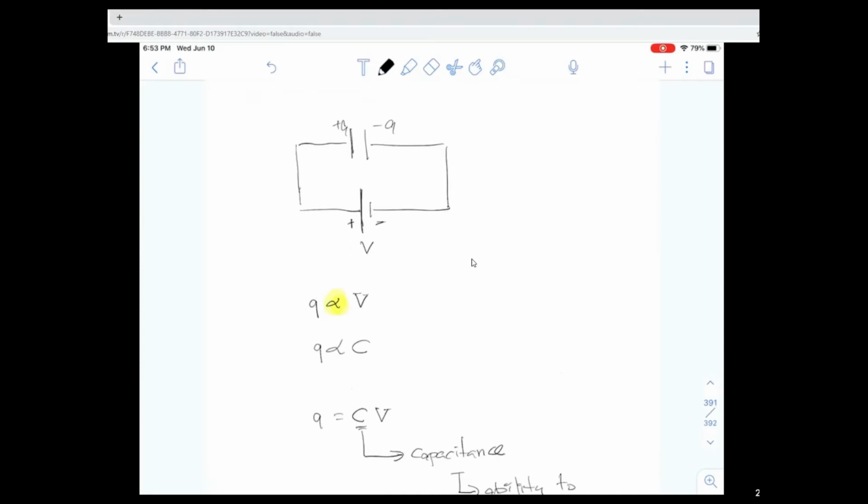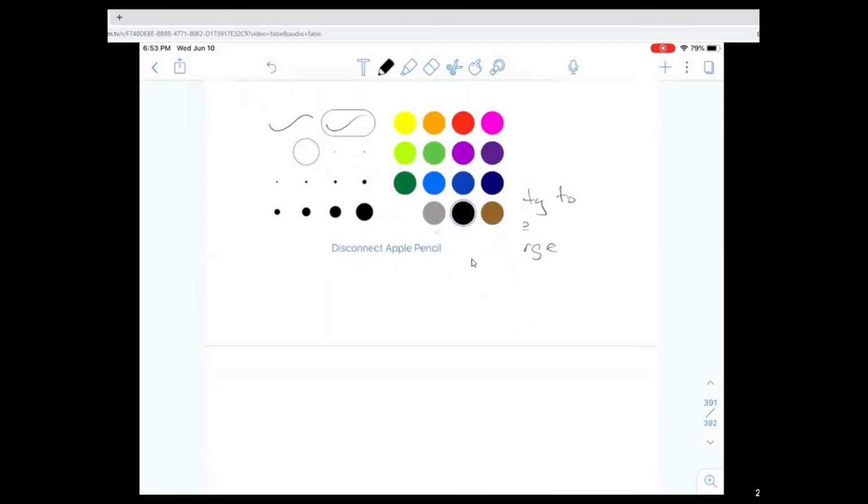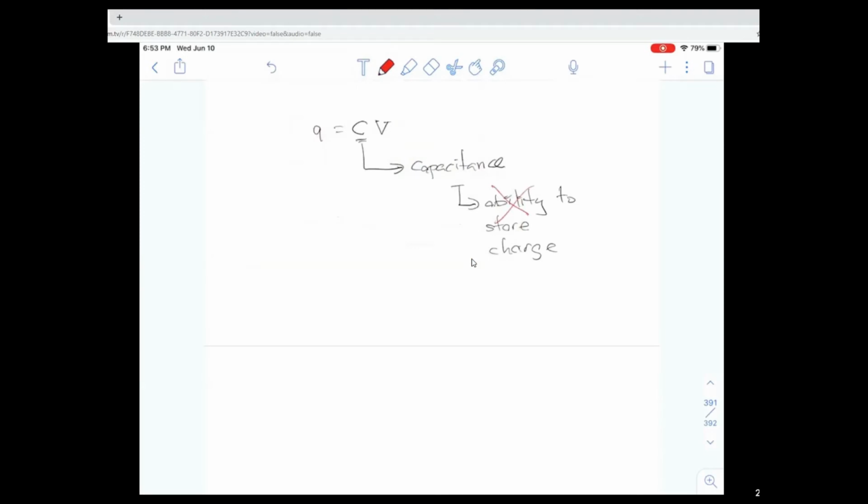All right, so capacitance is the amount of charge that you can place in the storage device, the amount of charge that it can hold. So ability to hold a charge, I don't like that definition either. All right, so I'm just going to cross that over. It is the amount of charge that this storage device can hold. All right, so I'm going to make room. Keep changing my own definitions. I kind of like it.